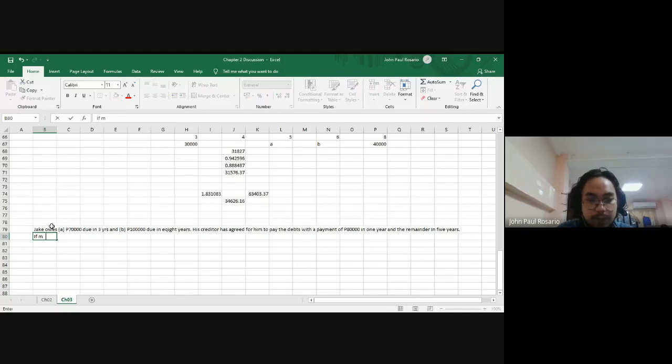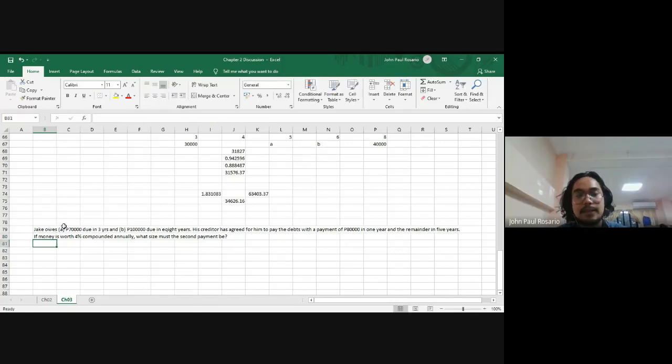So if money is worth 4% compounded annually, what size must be the second payment? Okay, sige.